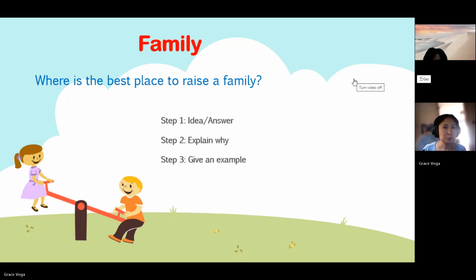Yes, I think. How about, is it also nice to raise a family in other countries, like the US? Is it also a good place to raise a family abroad, like maybe in the US or in Europe or in China?